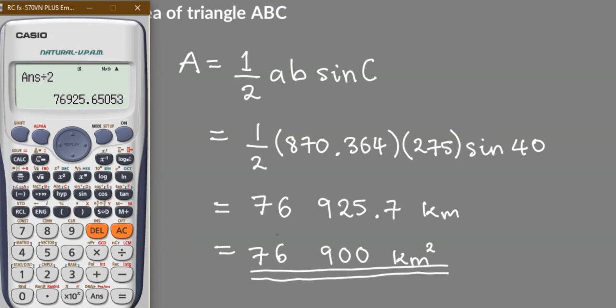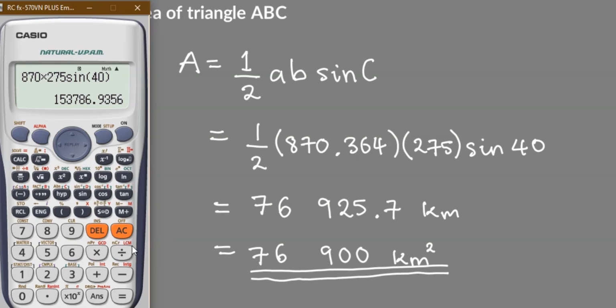What I want to show you before we go to the next question is how getting a value like 870 here will change your answer. And then I want you to notice how rounding off your answer will save you from getting this question wrong. If I have 870, the rounded off answer of my distance BC, I multiply it by 275, and then sine 40 there.